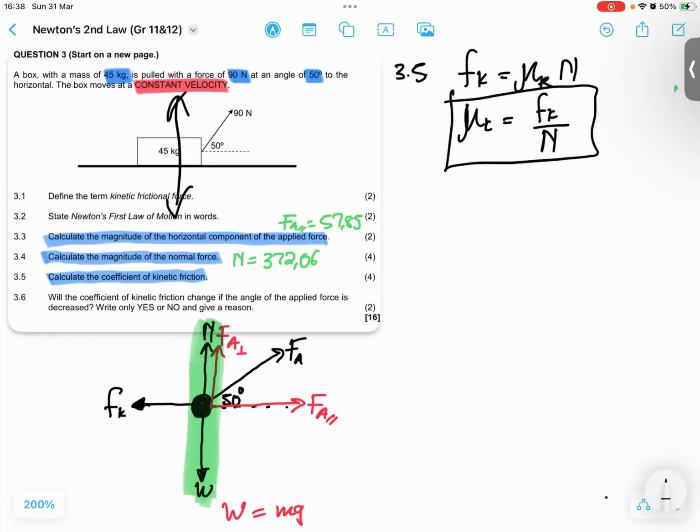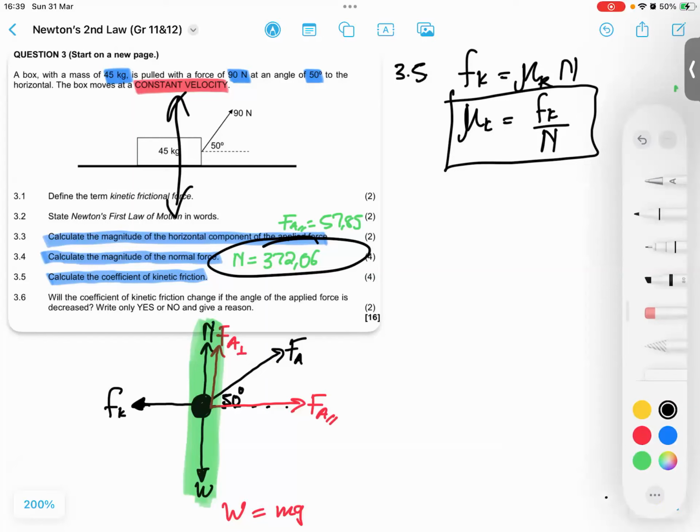So we already have the normal force from this part, but now what we need is to first calculate the frictional force, right?